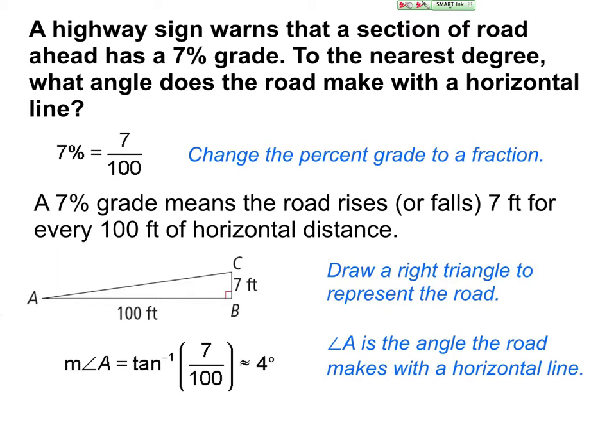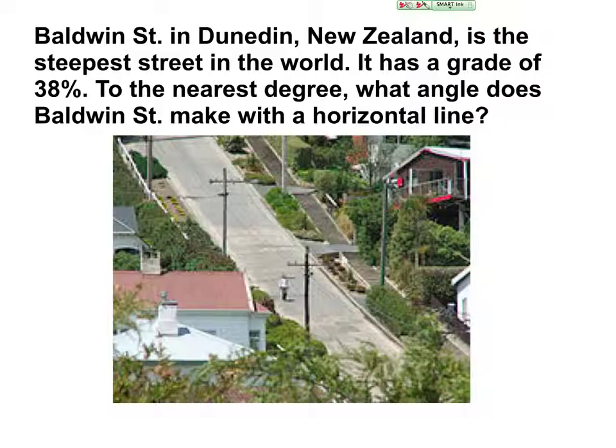So what percent grade do we want right now? Is it 38%? What are we going to use as a fraction? 38% is 38 over 100. So that's your rise and your run. You're trying to find the angle.